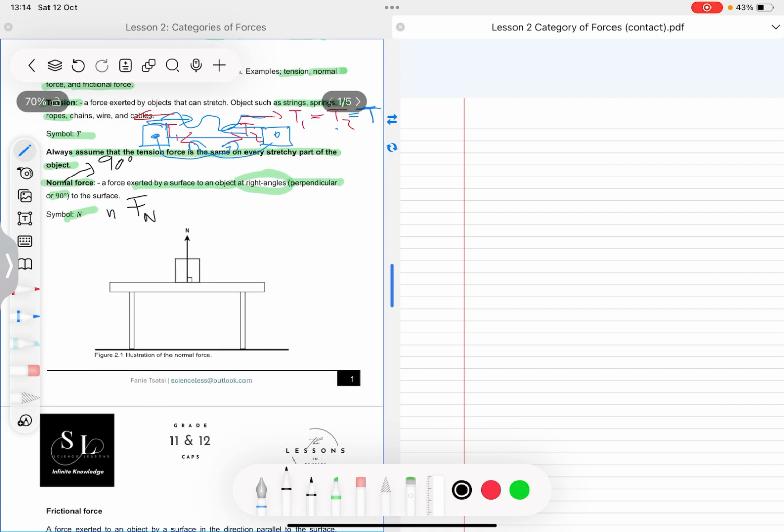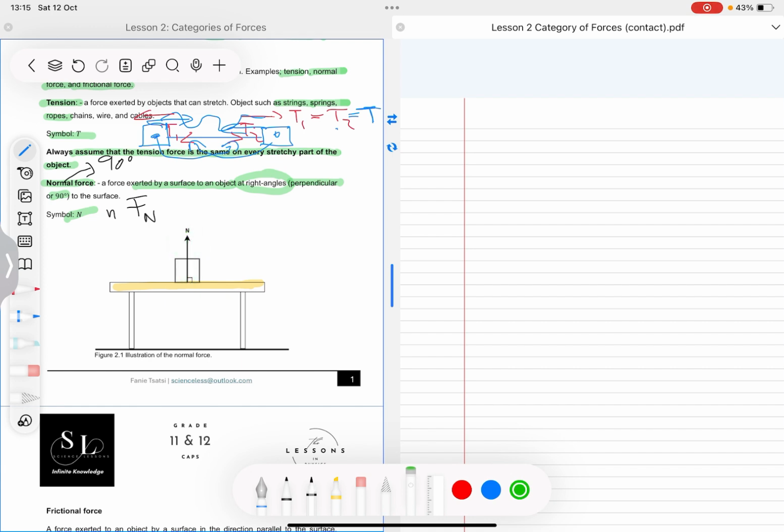So let's just look at an example of how this force comes about. Let's say we put a box on top of the table, right? This box, you'll notice that it doesn't fall downwards. The reason is that the surface of this table actually supports the box by exerting a force that goes vertically upwards like that.